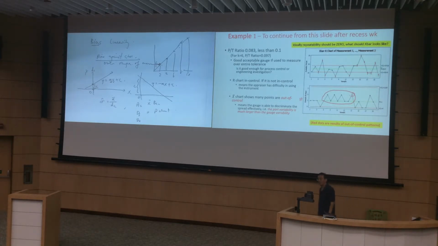Okay? Now, for measuring equipment, measuring the same part, if your equipment is good, what do you expect the range to be? Ideal. Zero, right? Ideally it would be zero. Very repeatable, and then you have no variation. The variation is zero, right?